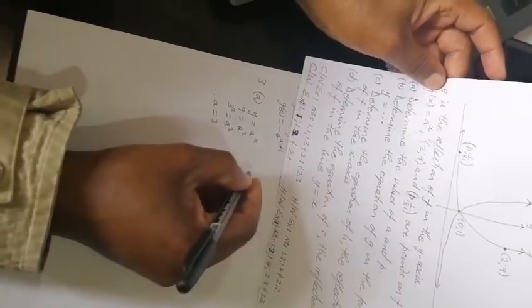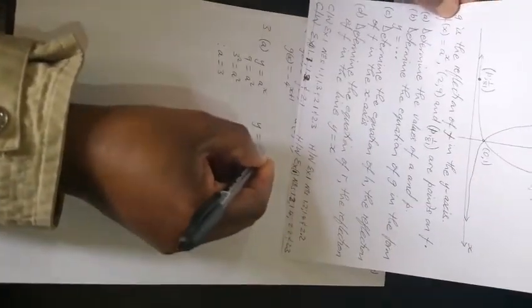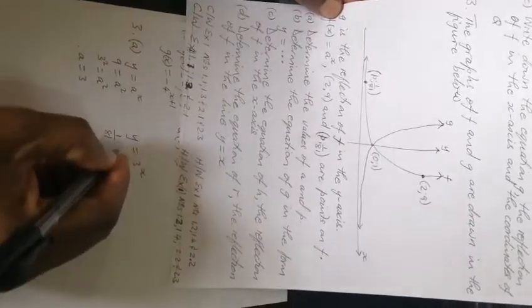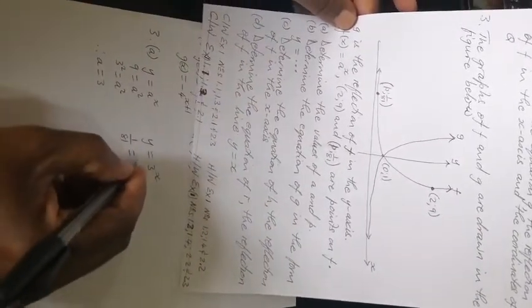Again, this point is on F, so it satisfies the function. And our function is saying y is equal to 3 to the power x. So we substitute our two values p and 1 over 81. y is 1 over 81, which is equal to 3 to the power p.